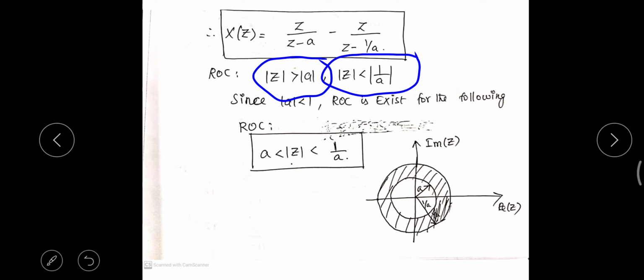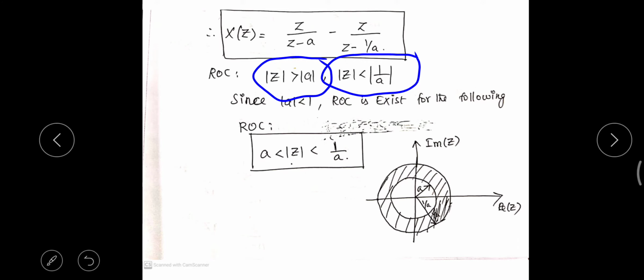Then I have to draw two circles. One is greater than a, which is the smaller value, and 1 by a is the greater value, so that will be the largest radius. Mod of z is greater than mod a, and the other is mod of z less than 1 by a.